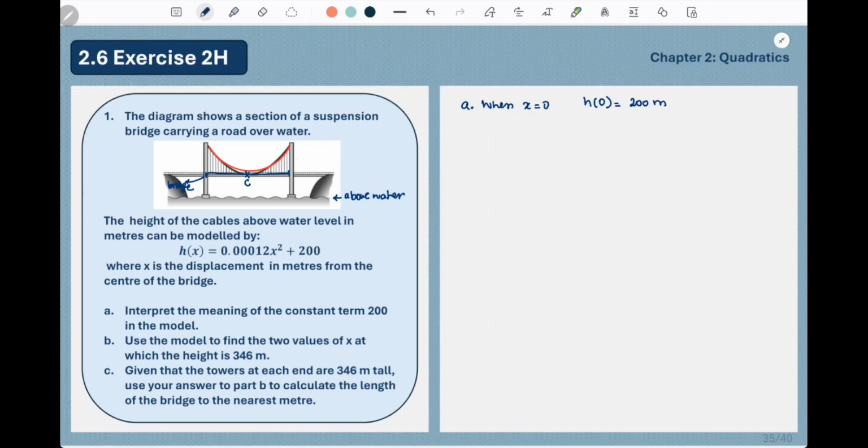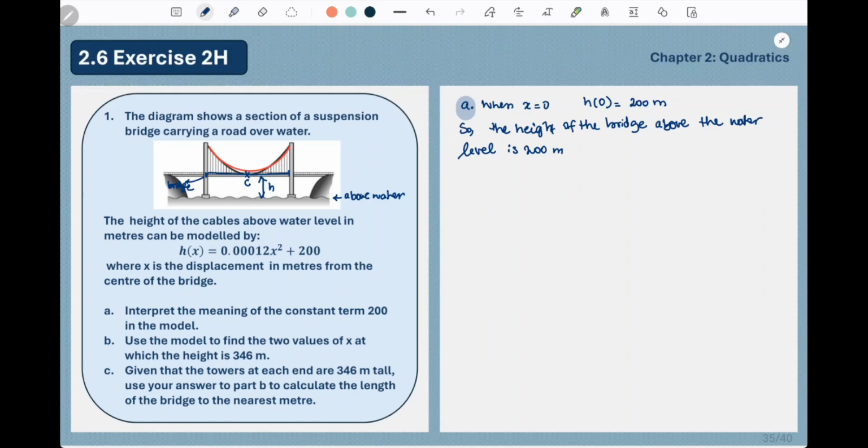So you can see here, this is the height of the bridge, which is the same thing as the cable when we are at point C. So an interpretation for this is the height of the bridge above the water level is 200 meters. And I hope that made sense.